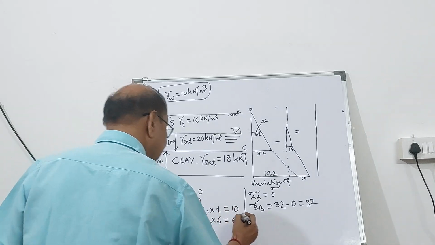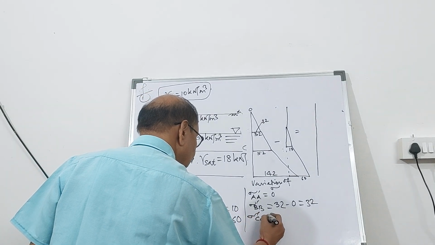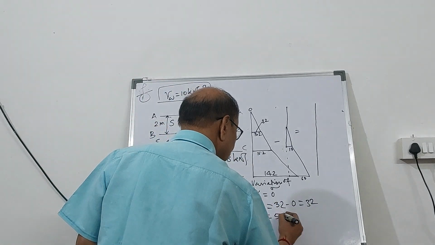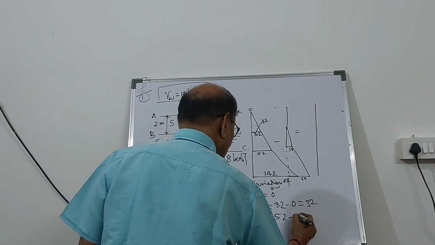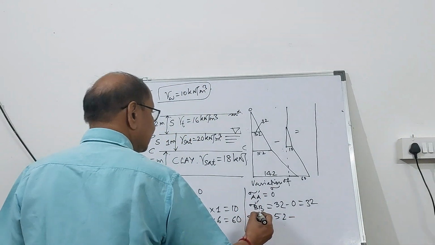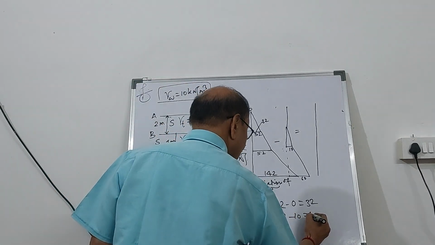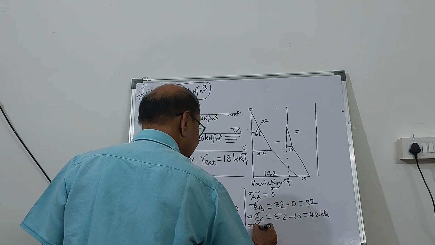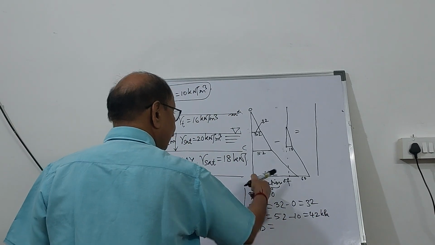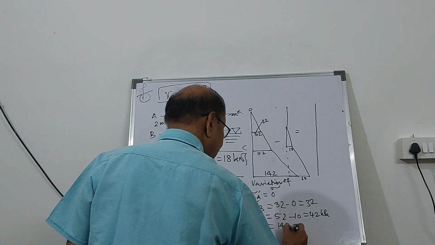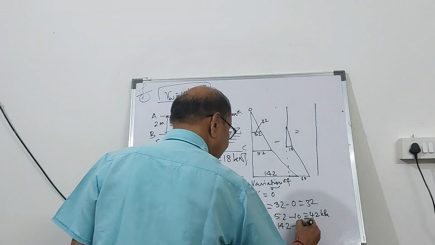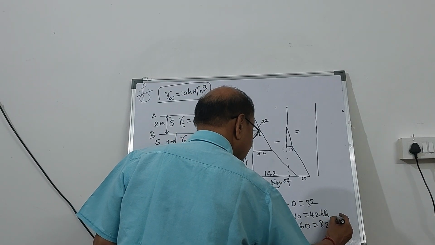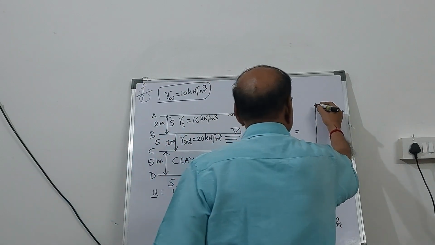Now, if you come to CC, the value is 52, and U at CC is 10. So it becomes 42 kilopascal. And sigma prime at DD is going to be 142 sigma minus UW is 60, 82 kilopascal. And this is important.